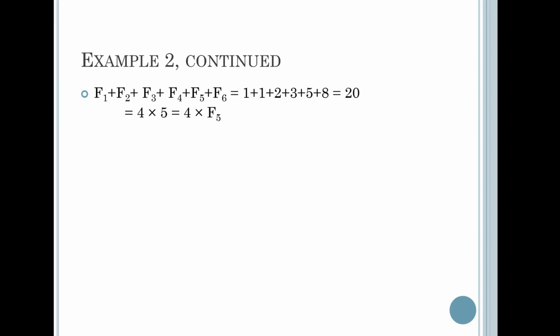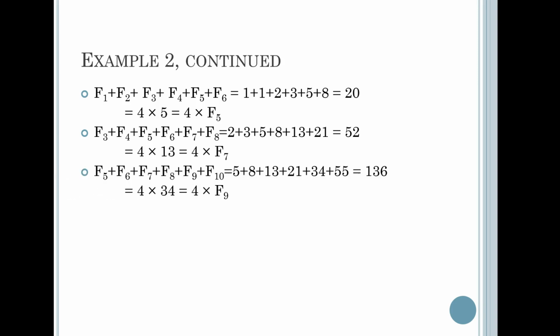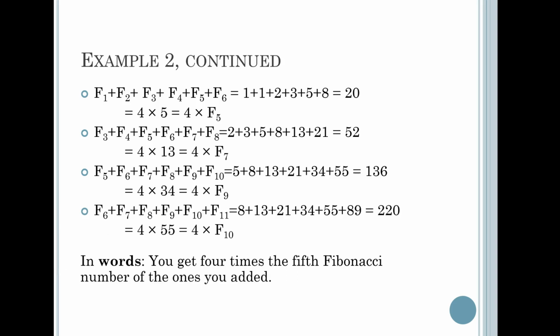So this first one is 4 times F5. The second one is 4 times F7. Next one is 4 times F9. And this one is 4 times F10. And I want you to start looking at these Fibonacci numbers and seeing if you can tell which Fibonacci number these are in relation to what you just added here.